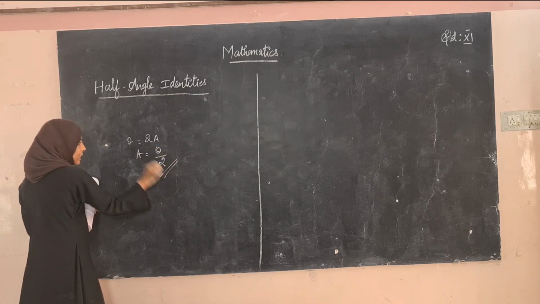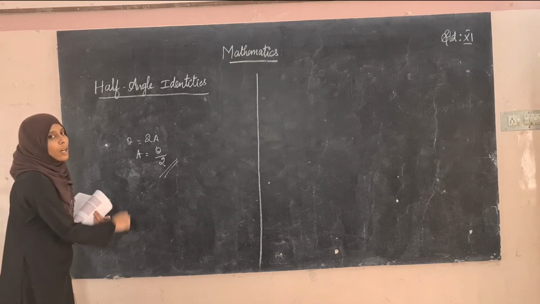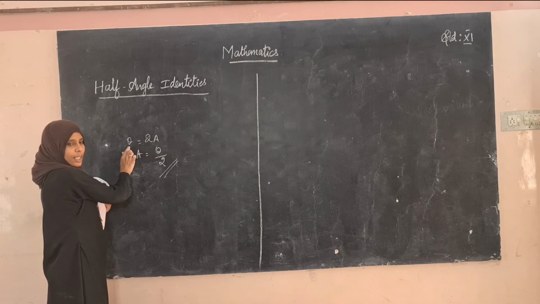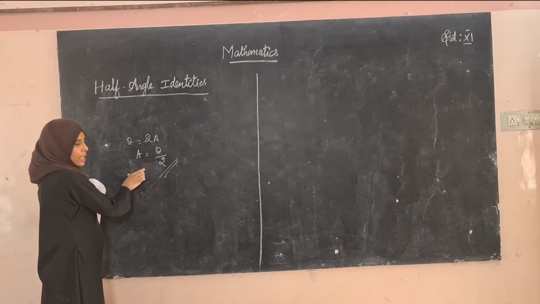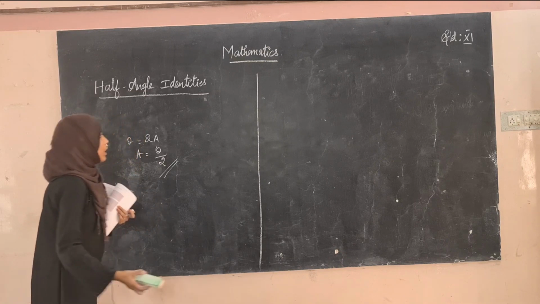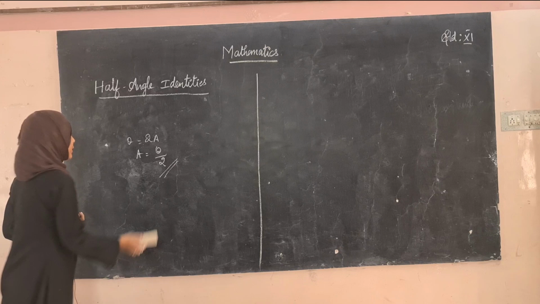Using this condition they have changed all the double angle identities to half angle identities. So from double angle identities alone they have given the half angle identities.